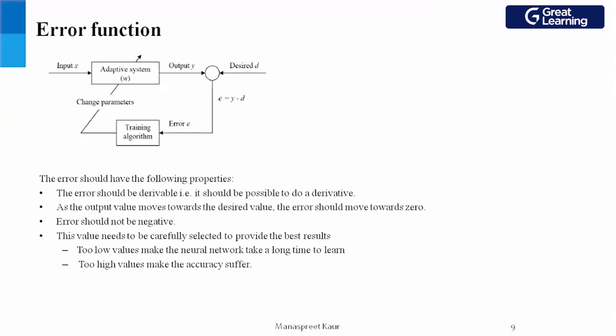If the error value is too high, the accuracy of the neural network will be bad, and it will take a lot of iterations to learn. Sorry, I've put it the opposite way. If the error value is high, then the neural network will take a long time to learn. I'll just change it after this session.